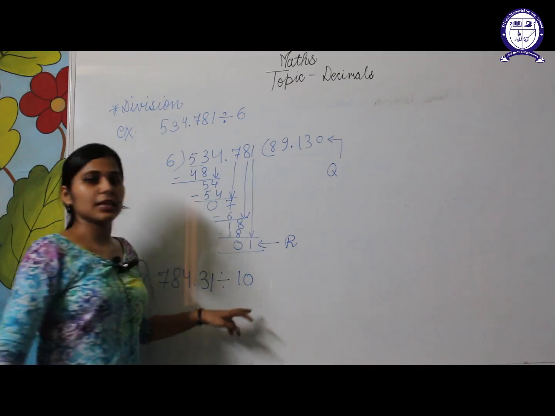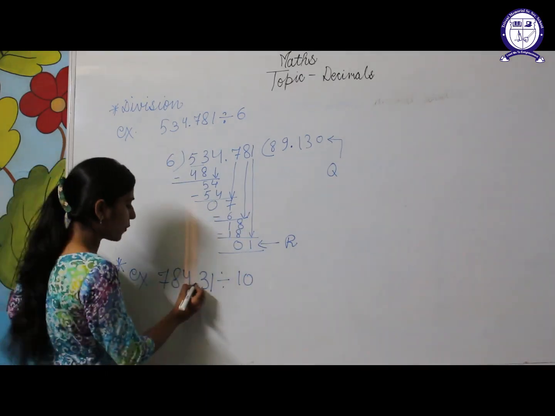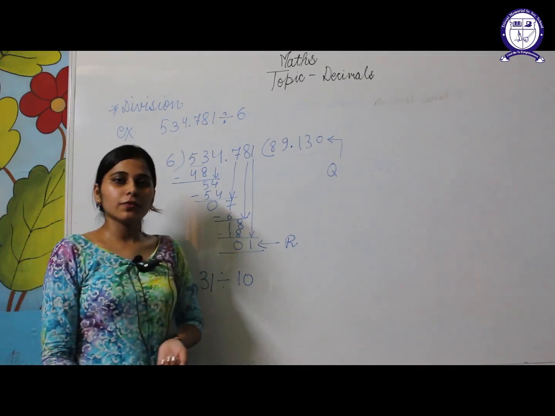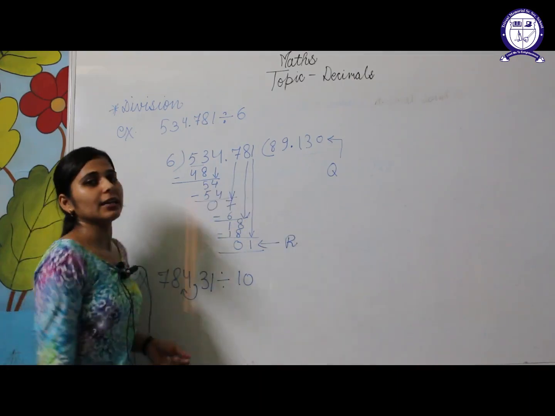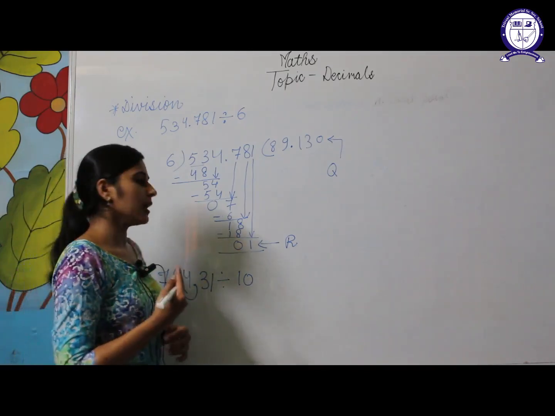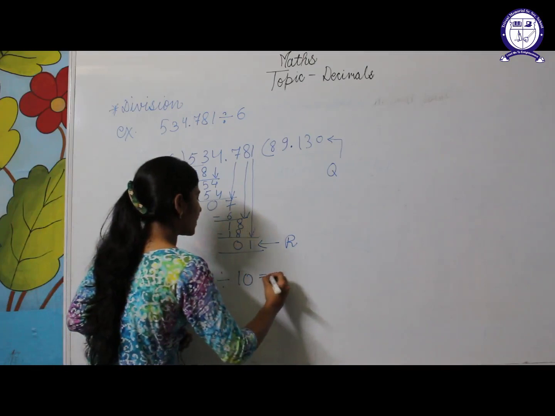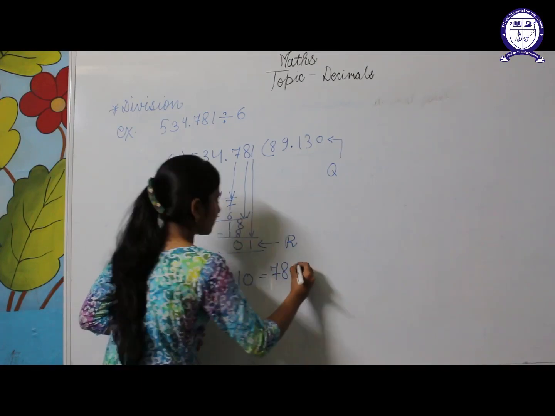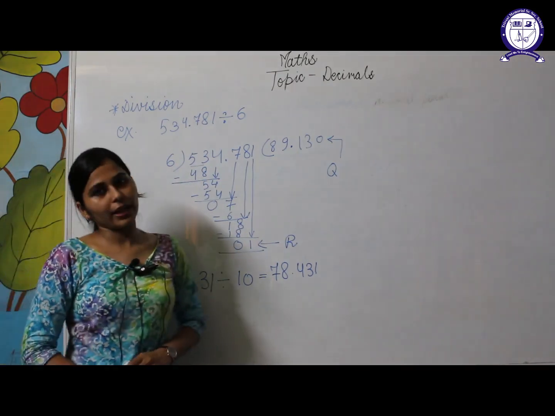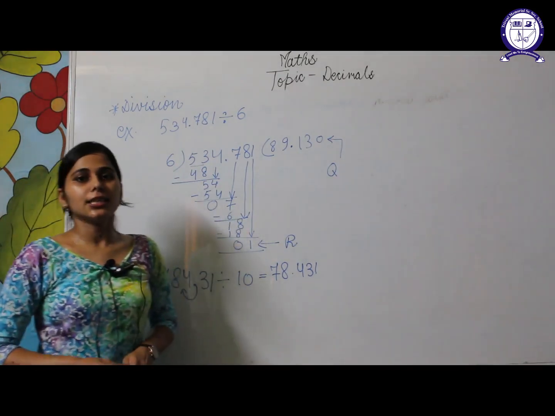How many zeros are there in 10? 1. So this point will shift towards the left hand side. In multiplication we discussed that the point shifts towards the right hand side, and in division the point must shift towards the left hand side. So it will become, students, 78.431. Like this you have to take care while dividing by 100 and 1000.